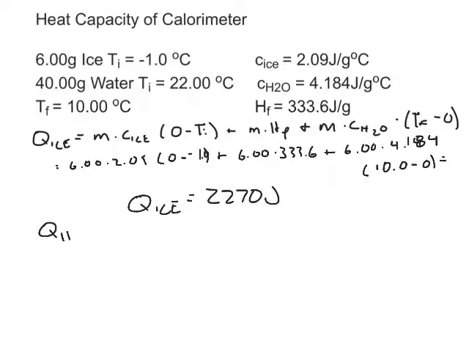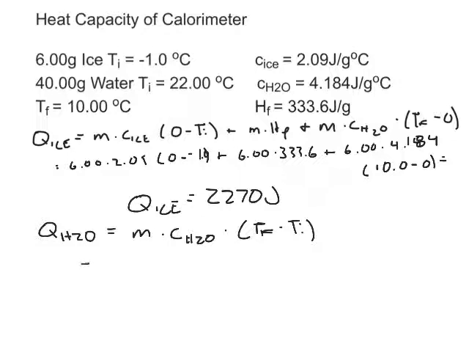Water is going to be a lot simpler because there was no phase change for the warm water that we put in. Just mass of warm water times the specific heat of water times final temperature minus initial temperature.